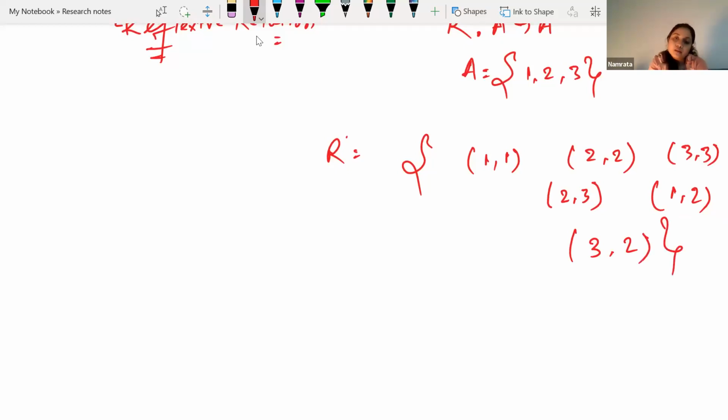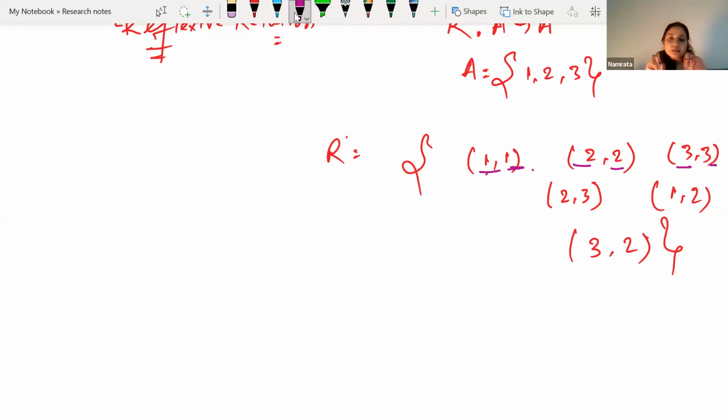If we have this type of ordered pairs, then this one is a reflexive relation. Reflexive relation means each and every element must have 1 with 1, 2 with 2, 3 with 3.